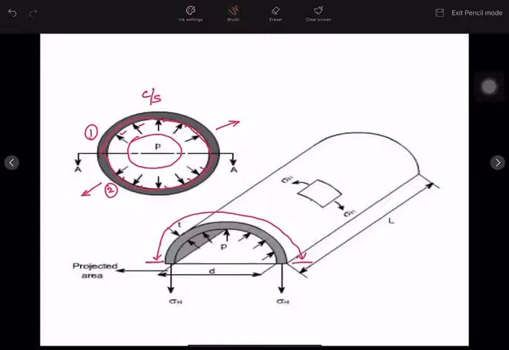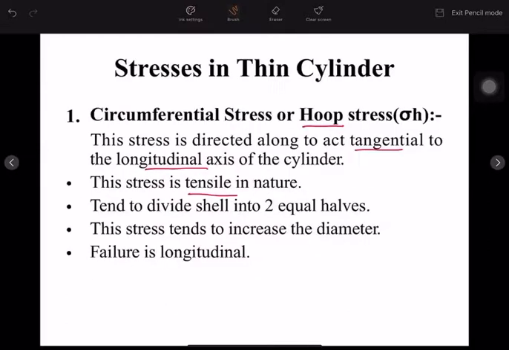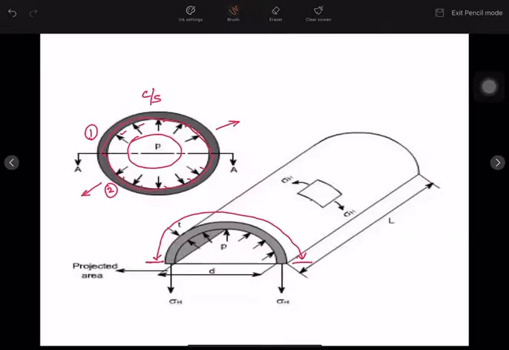As they are symmetrical, this particular hoop stress can divide a shell into two equal halves. This stress tends to increase the diameter. That's what I mentioned earlier: as it is tensile in nature, it will try to enlarge the diameter.